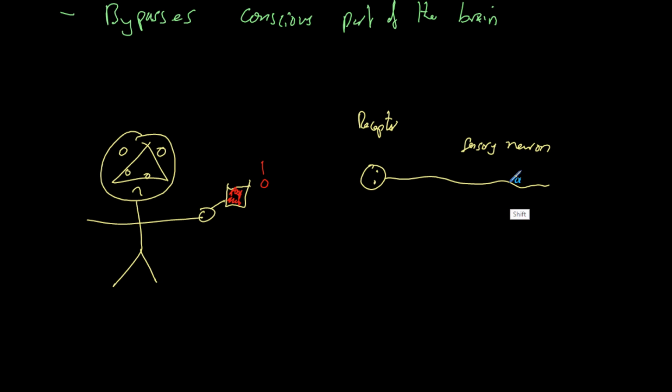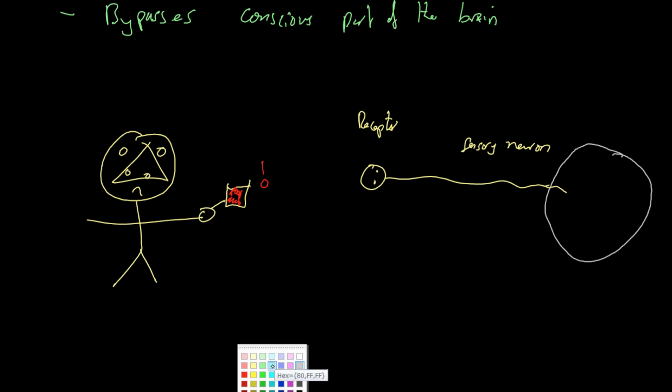Okay, so the receptor is obviously in his finger, and the sensory neuron is now taking that impulse to the central nervous system. So let's just say that this is the central nervous system. The sensory neuron has arrived at the central nervous system, and it will meet what is known as a relay neuron. So this here is the relay neuron.